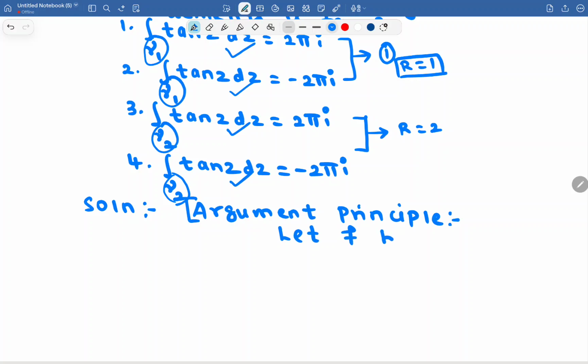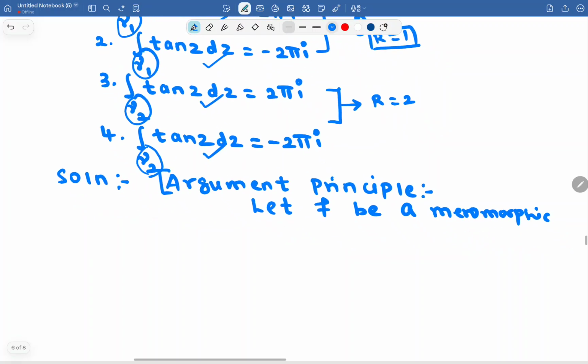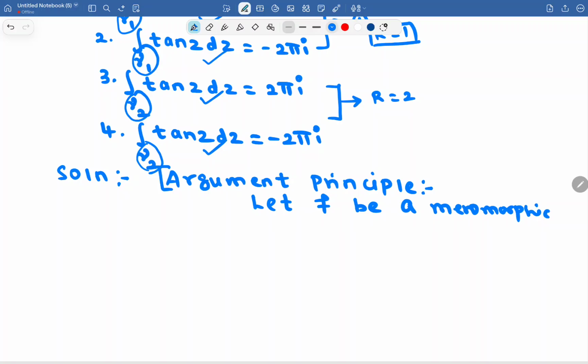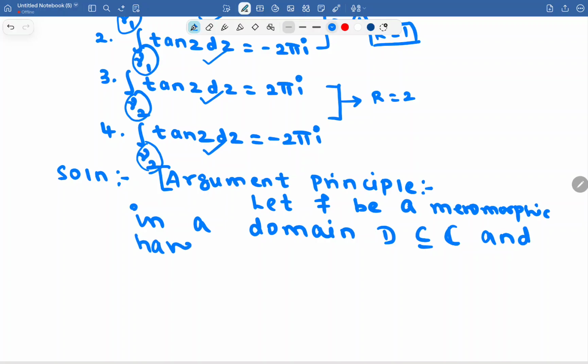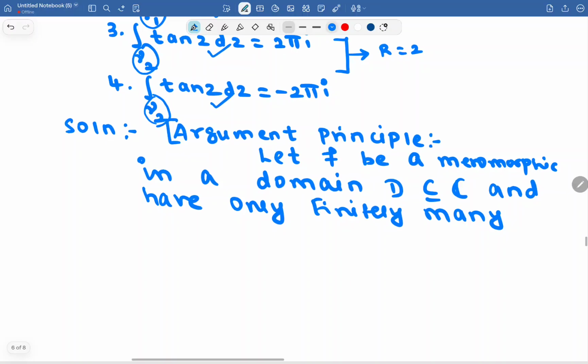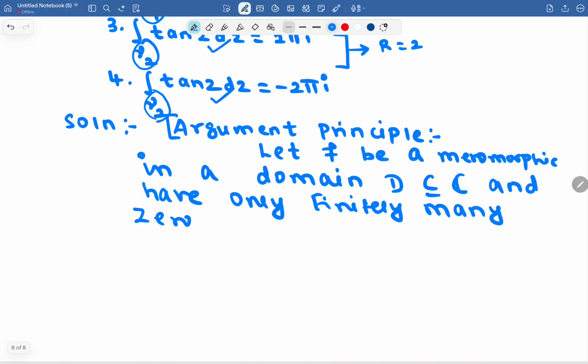Let f be a meromorphic function in a domain D which is a subset of C, and have only finitely many zeros and poles.